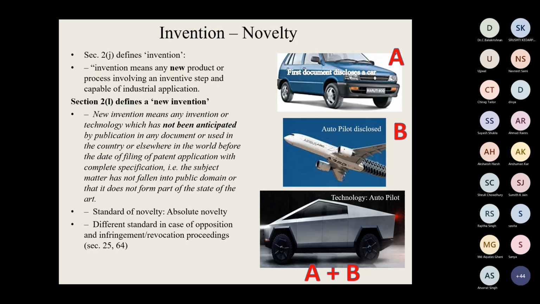Now, by new, what we mean is a new invention means any invention or technology which has not been anticipated by publication. So it has never been published in any publication. You cannot find it anywhere in any document. It has not been used in the country or elsewhere. So it has never been used in the world before the date of filing of the patent application with complete specification.